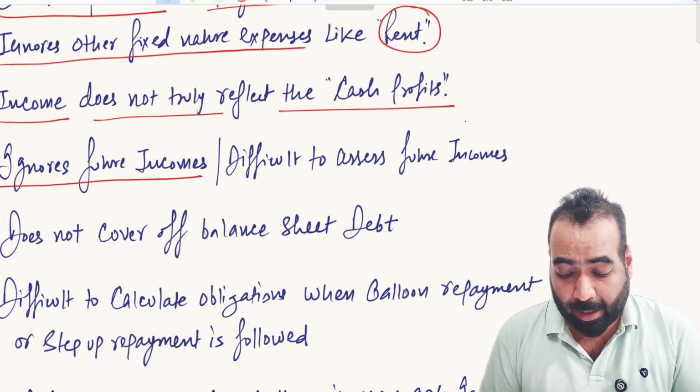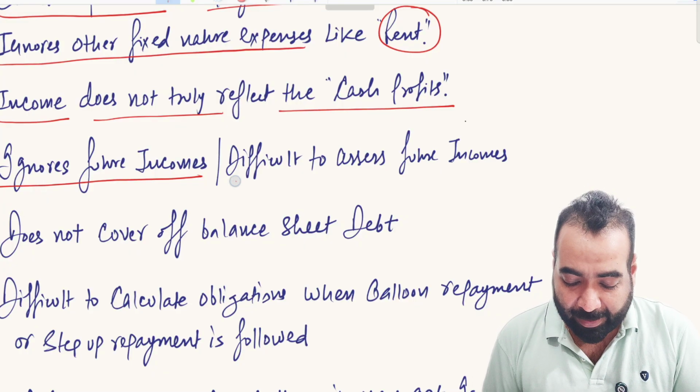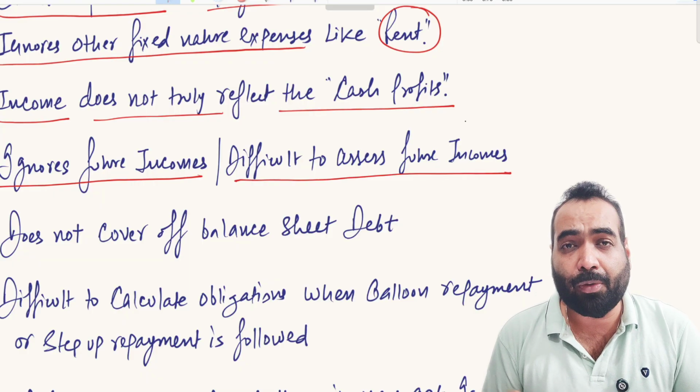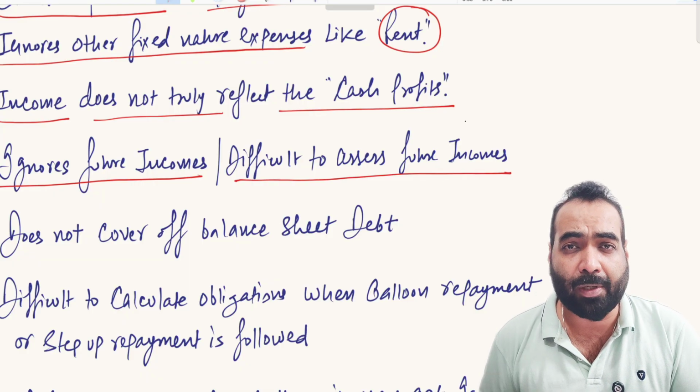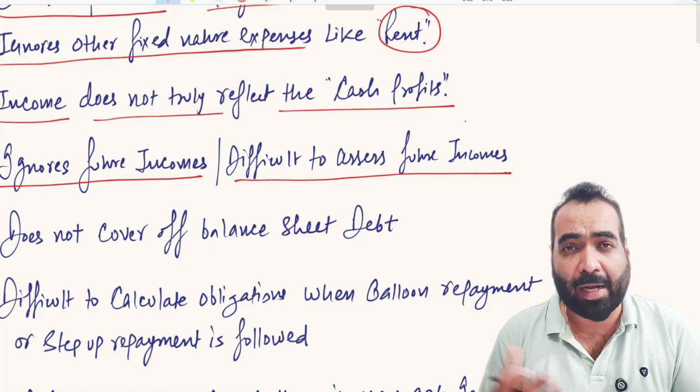And I can also say, even if we consider the future income, it is very difficult to be sure of what the actual future income would be. The results may get inaccurate if we take too high a future income.